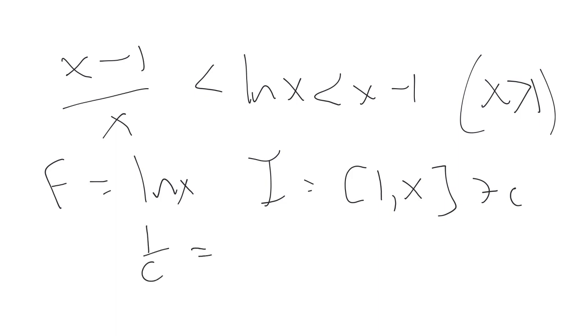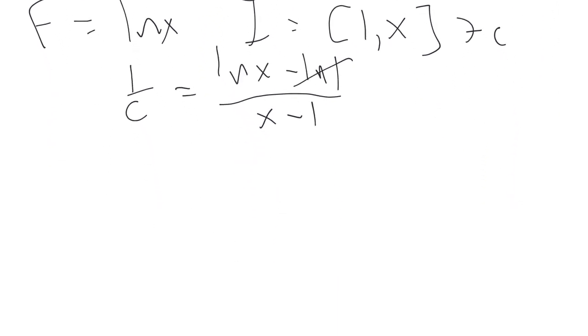equals ln x minus ln 1 over x minus 1. You take basically the average slope. Well, ln of 1 is 0, so let's simplify.